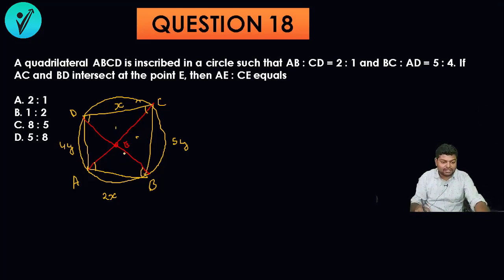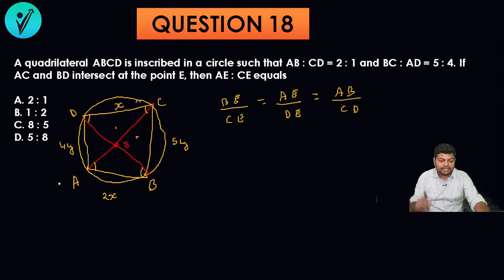So if the triangles are similar, the relation from the similar triangles that I can write is BE upon CE, because this angle is equal to this angle, is equal to AE upon DE, which equals AB upon CD.